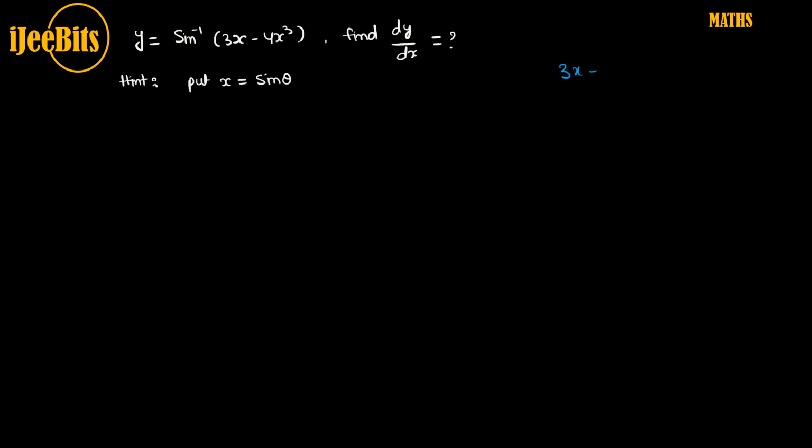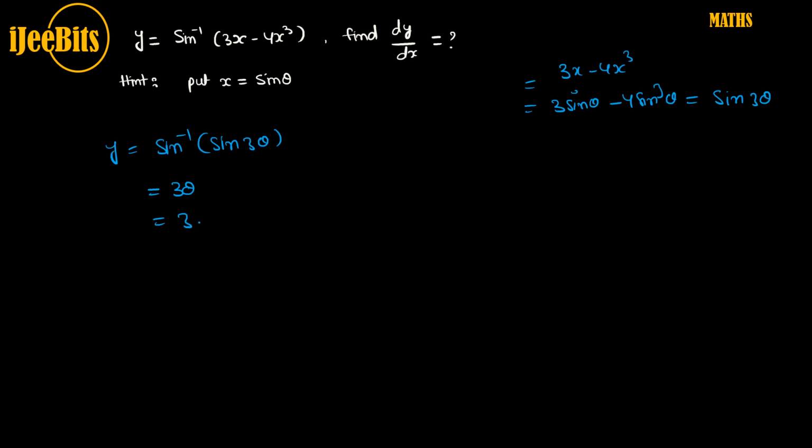So 3x minus 4x cube becomes 3 sin theta minus 4 sin cube theta, which is nothing but sin 3 theta. Correct? So y equal to sin inverse of sin 3 theta. Then the leftover would be only 3 theta.